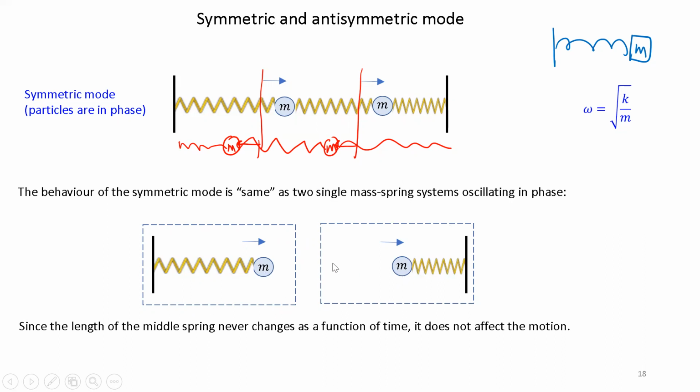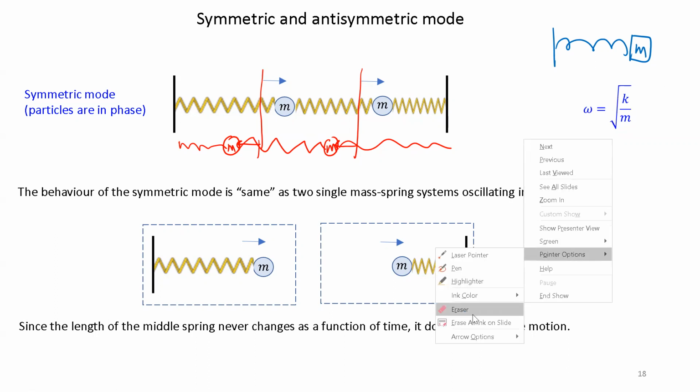Exactly, this one acts like one mass, one spring, a simple harmonic system, and the other also, one mass, one spring, a simple harmonic system. And that is why this is exactly the square root of k divided by m.